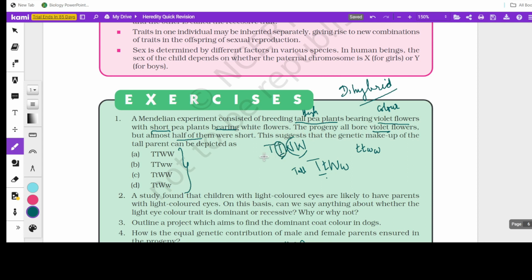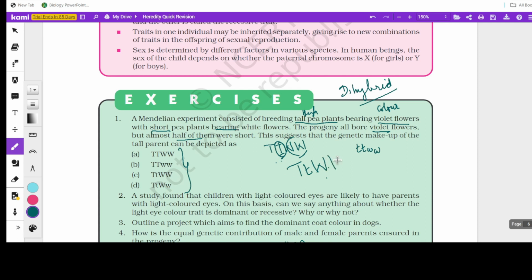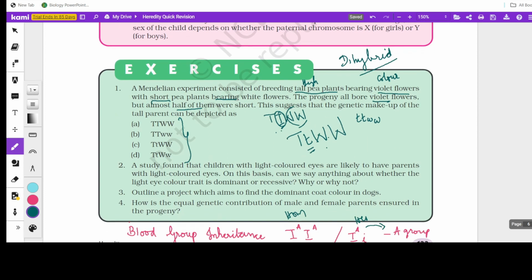Only if both parents have short alleles will the offspring be short. If only one parent has the short allele, there is no chance, because the dominant one will suppress its character. So both parents will have this small t. That's why the next generation got the short ones. Clear? This is how you must think.